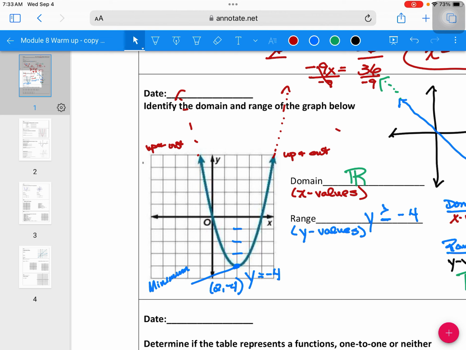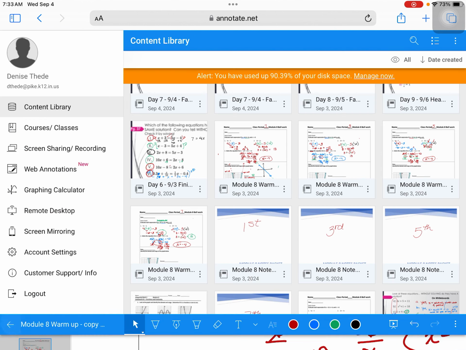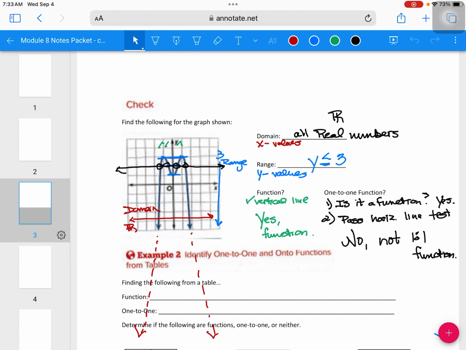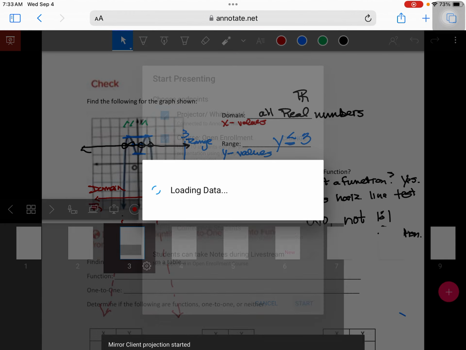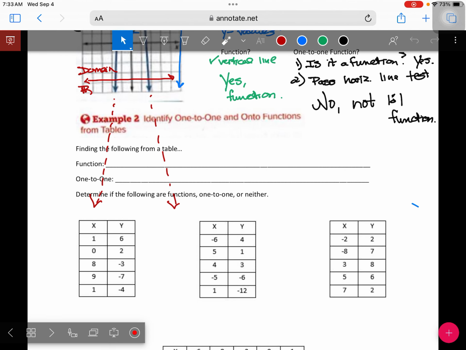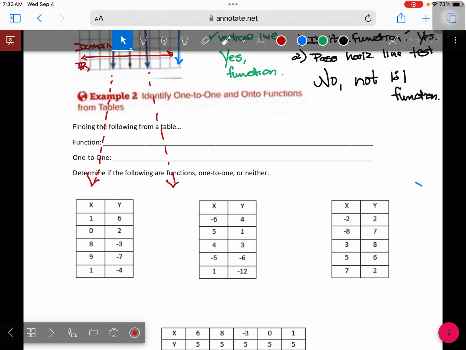So we're still talking about functions. Functions. Let's see. And looks like we left off here. Okay. So now we're going to see if we can figure out how something is a function or one-to-one by looking at tables.